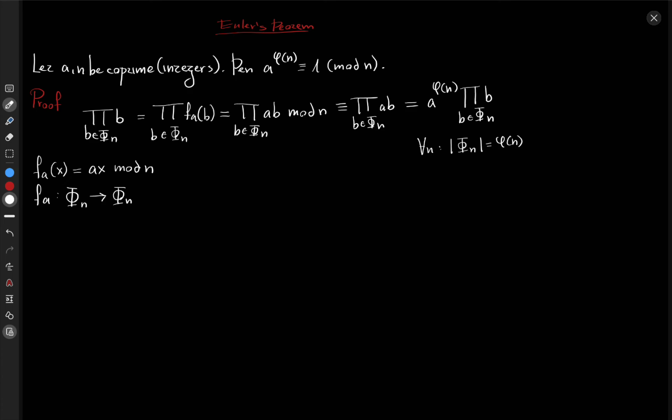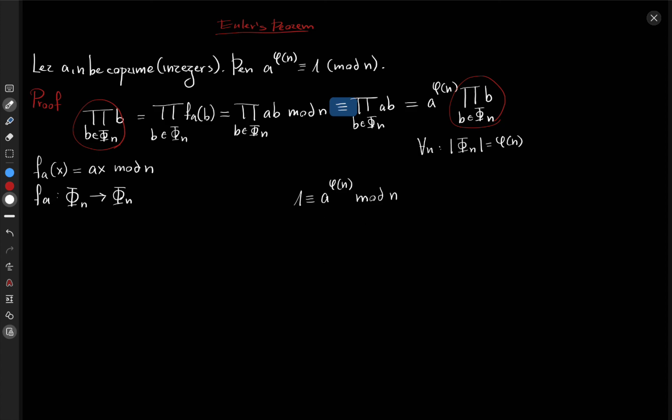To verify this, one simply needs to read the definitions. It is quite obvious. And now we observe that on either side of the congruence, we are no longer dealing with equality because we have a congruence here. On either side of the congruence, we have this factor, or rather this term. So we can use the cancellation theorem to obtain that 1 is congruent to a to phi of n modulo n.